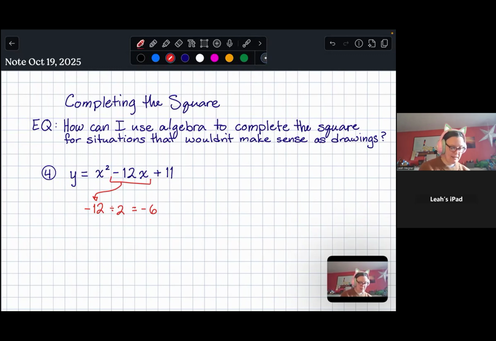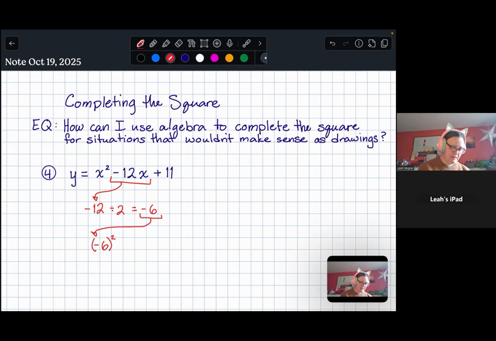What we're going to do with that is take this negative 6 and square it. Remember, when I square a negative, it's always important to remember our parentheses if we're going to put it into the calculator, because it's negative 6 times negative 6, not negative 6 times 6.